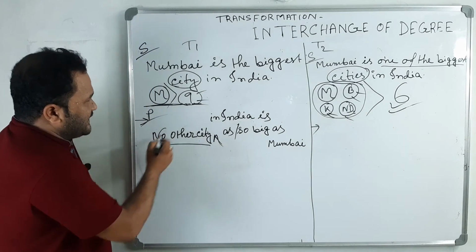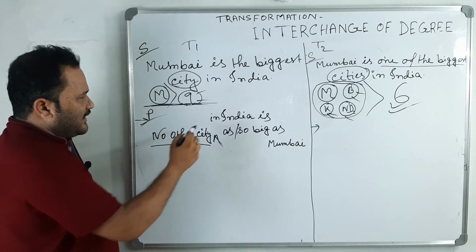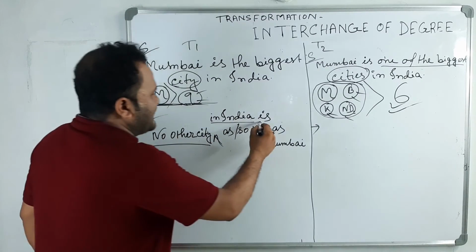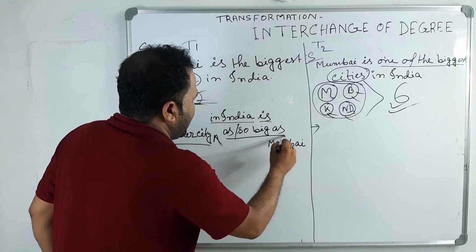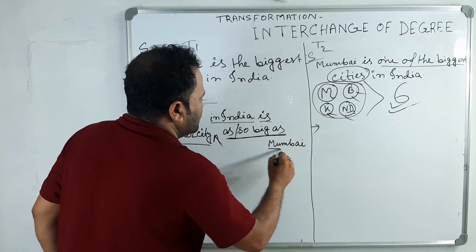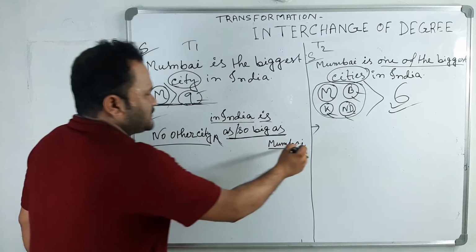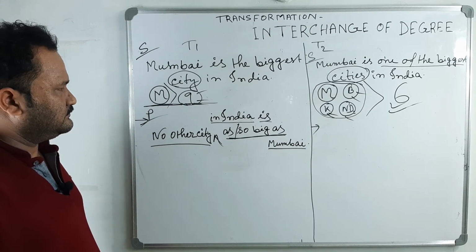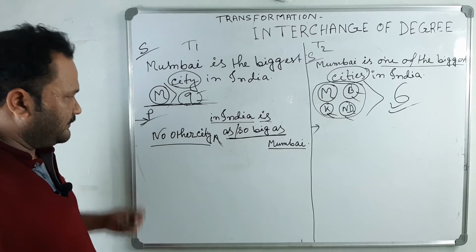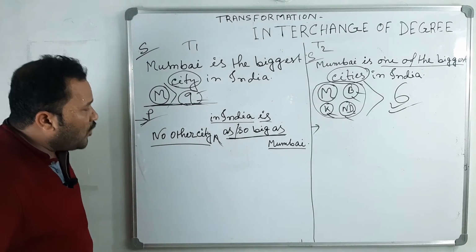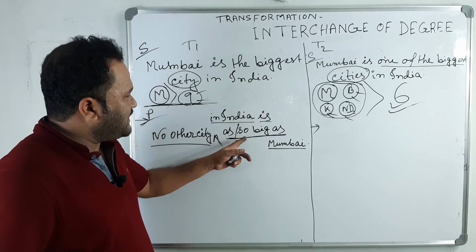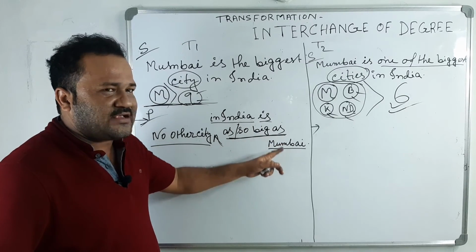No other city, कोई भी city in India, इंडिया में कोई भी city is as big as or so big as Mumbai. You understand? So no other city in India is as big as or so big as Mumbai.